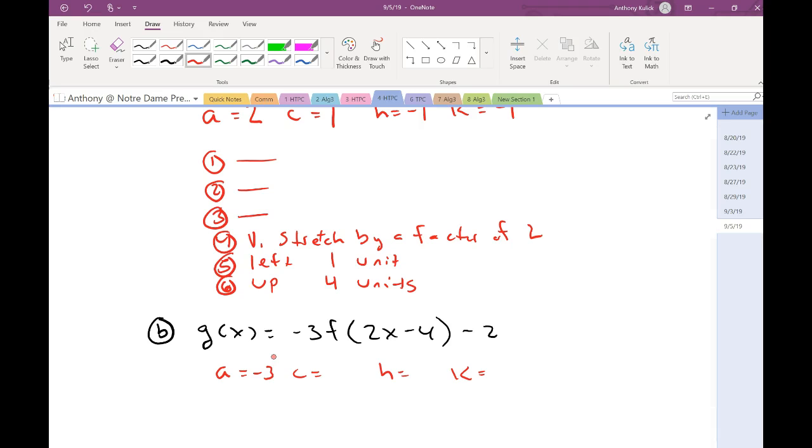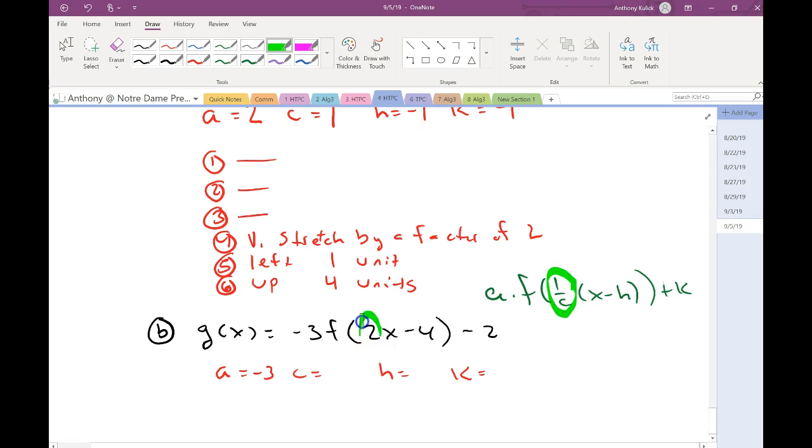what was that? The value for C isn't 2. So remember what this looks like. So the coefficient on our x is 2.